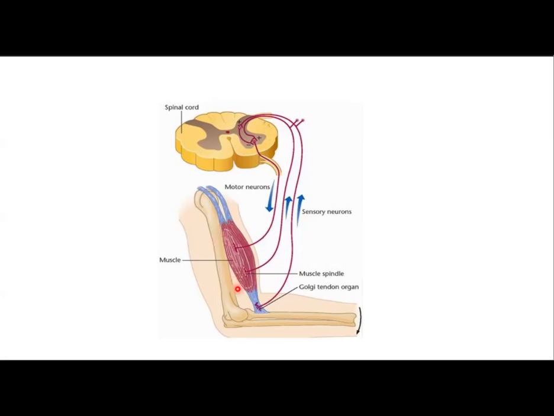It suddenly went down, so the muscle length changed. So the muscle spindles told the brain, hey, something is wrong here. You better fire up this muscle, otherwise I drop the weight. So it said, contract, contract, contract, because if you don't contract, you will lose the weight. This is the job of the muscle spindles.